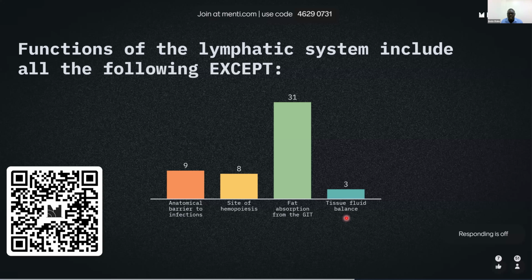So it's a mechanism of ensuring that we don't have a lot of fluid within the tissues. And therefore, this is actually a way of controlling tissue fluid. Excess accumulation of tissue fluid will give us what we call edema, and that's what we're preventing from happening. So those are the key functions of the lymphatic system.